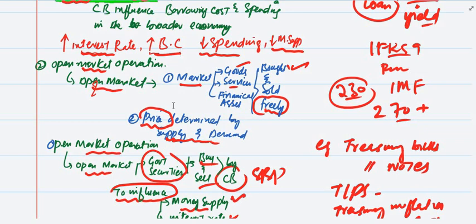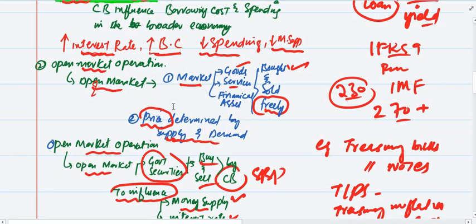And the second thing is that the price of goods, services and financial assets is determined by the supply and demand of that particular product. So there is no government intervention. The market is completely open, and the price of the product is determined by supply and demand in a competitive environment.